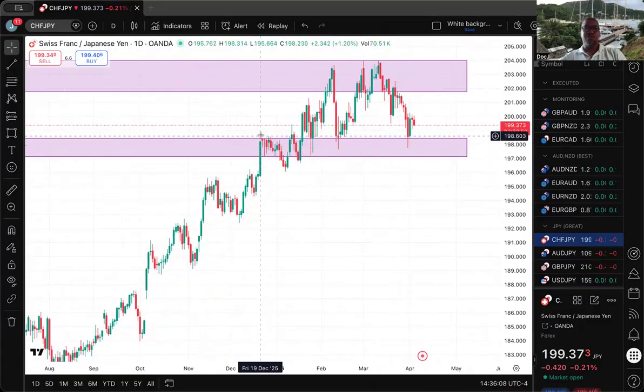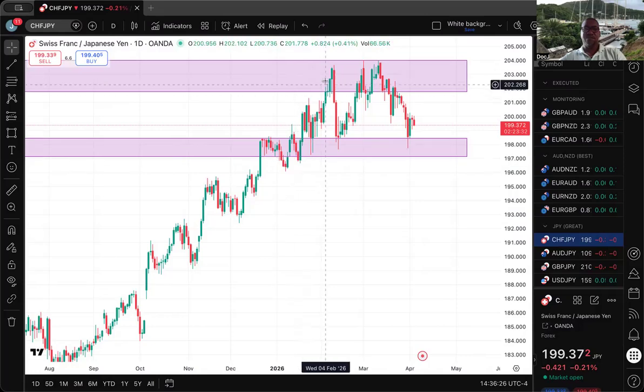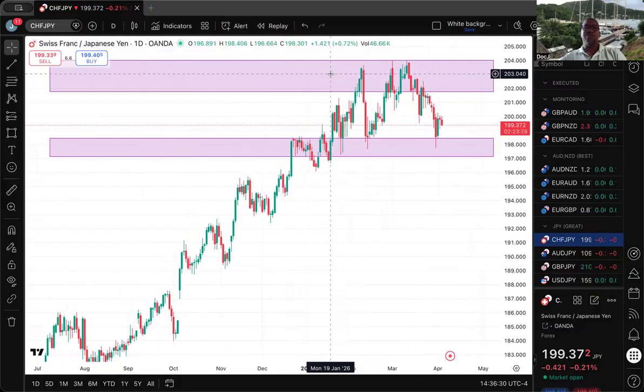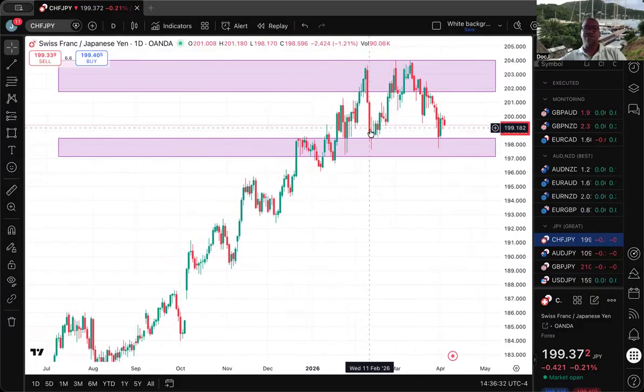So we have our bullish chart, as we can see. This is our higher high, this is our higher low, and our higher low is buying off of this support area. Our higher high goes all the way up to our area of resistance before the direction change occurs.